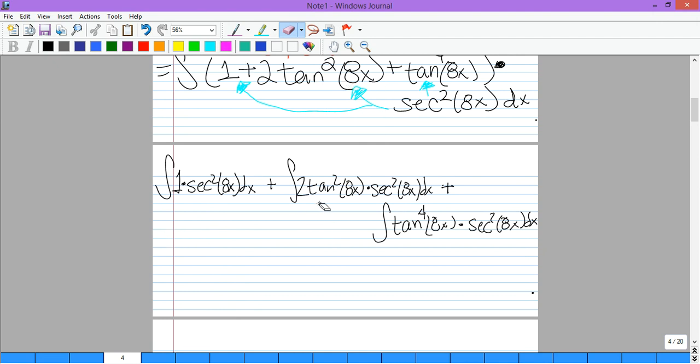So now we have this one right here. First things first, we're going to take out the constant. 2 is a constant. And then we're going to rewrite the problem.